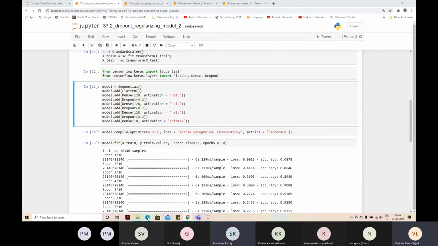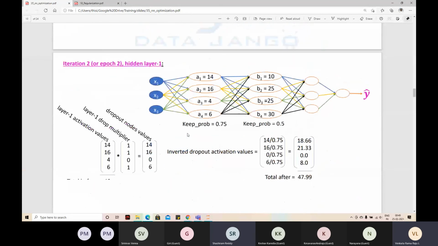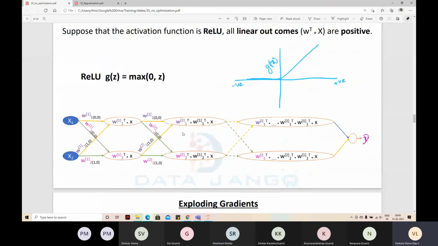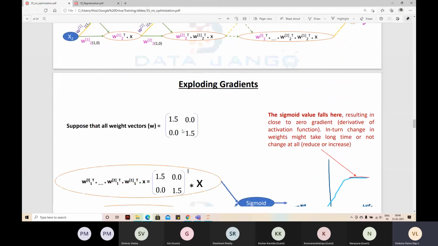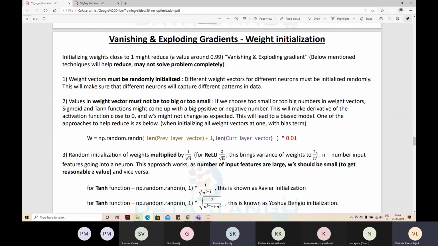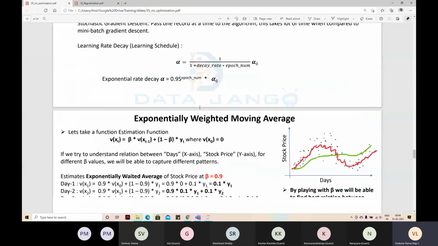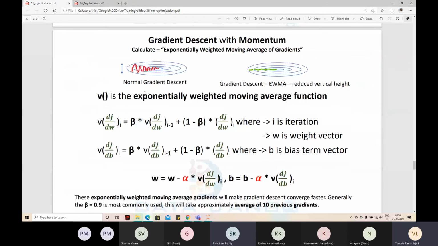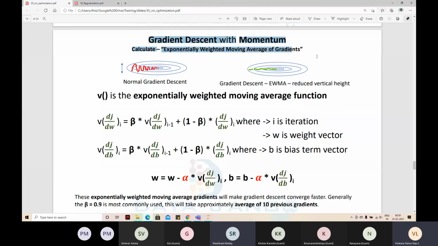And tomorrow we'll actually look into vanishing and exploding gradients, a concept where we need to carefully initialize the weights. There are pre-built approaches in neural networks which will anyway carefully assign the weights, but we need to understand why it is needed. Exploding and vanishing gradients we'll understand, then we'll understand the different advanced optimization techniques.